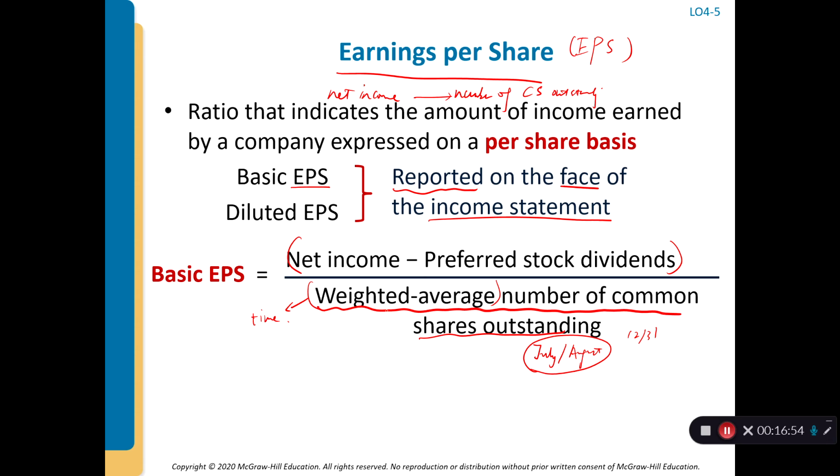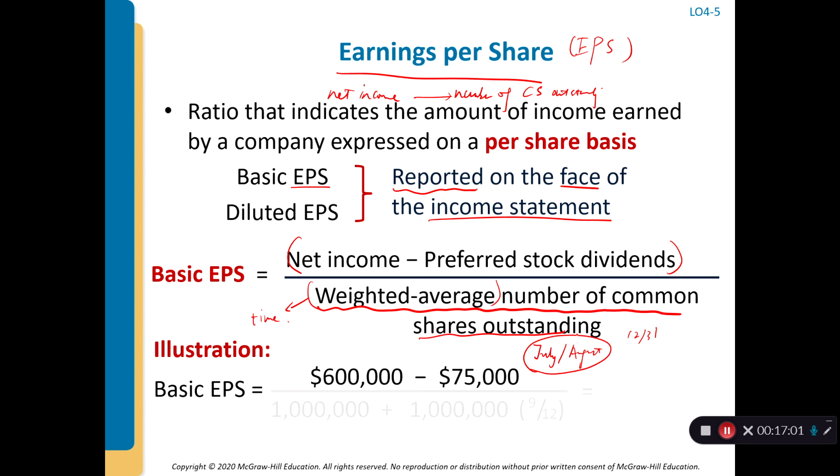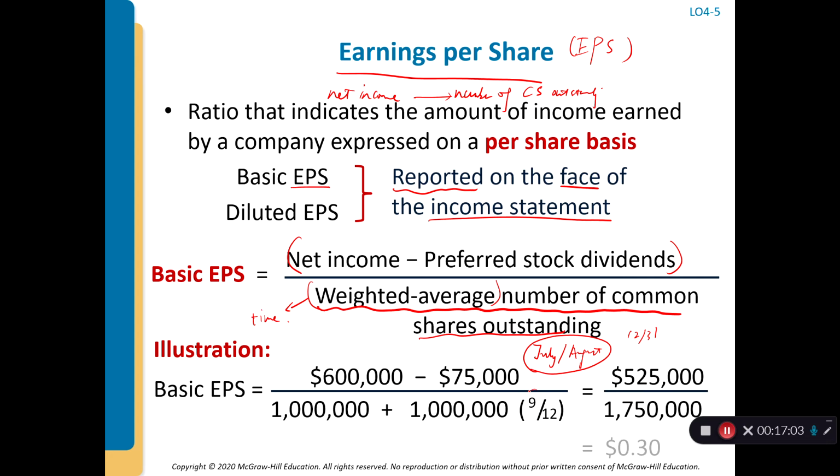Hence we want to weight those shares in the total number of shares as the denominator. For example, the company declared 1 million shares in March. They had 1 million shares at the beginning of the year, and then they declared an extra 1 million during March, and hence the outstanding time for this extra 1 million is only 9 months out of 12.